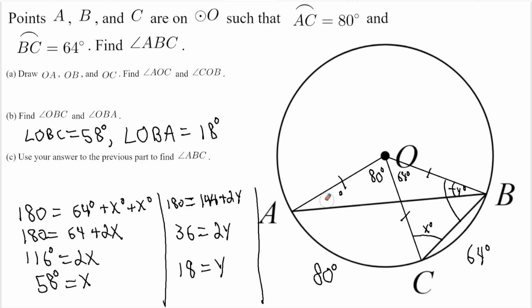Get rid of some of the fluff we don't really need anymore. Okay, so we know this angle right here is 18 degrees, and the entire angle itself is 58 degrees.